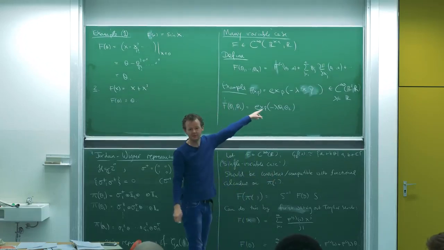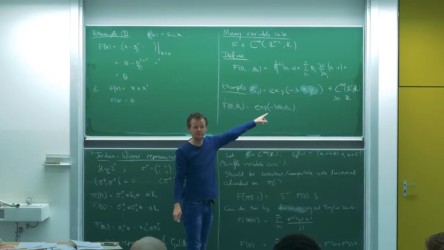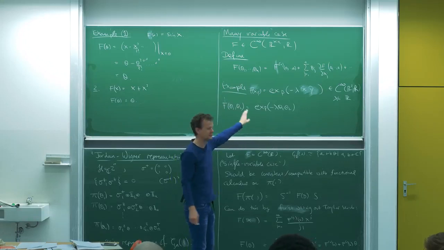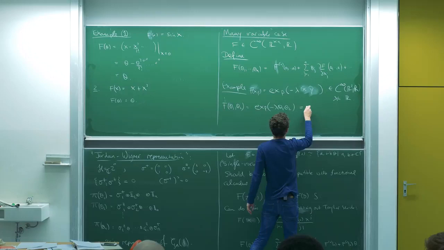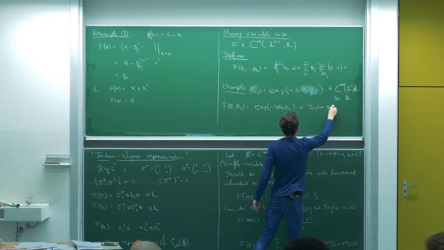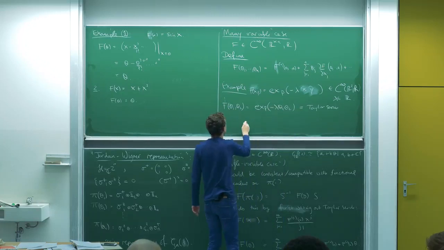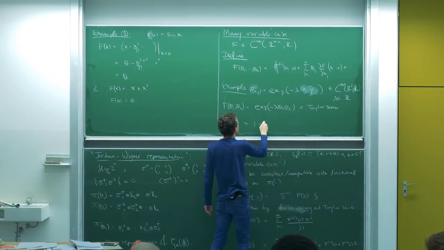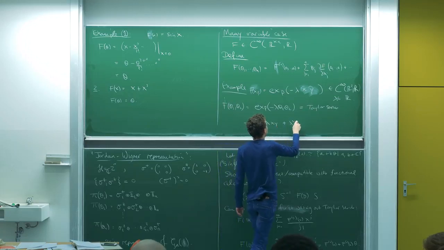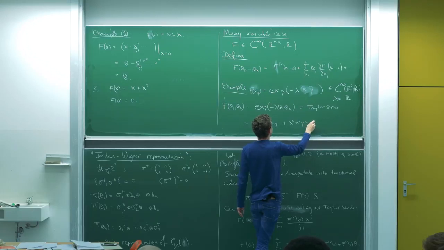You just stick in thetas where the x's and y's are. And this must be understood by a Taylor series. We need to do a Taylor series before we've evaluated this. So let's do the Taylor series for the exponential. So this is 1 minus lambda xy plus lambda squared x squared y squared, and so on.